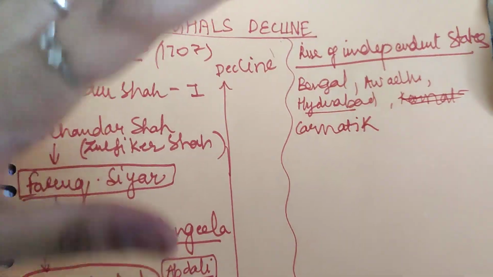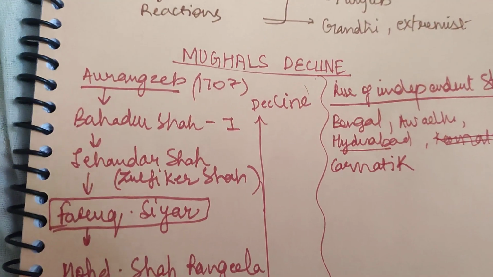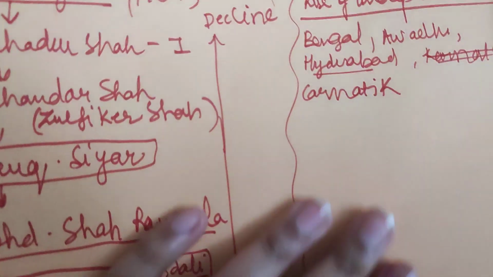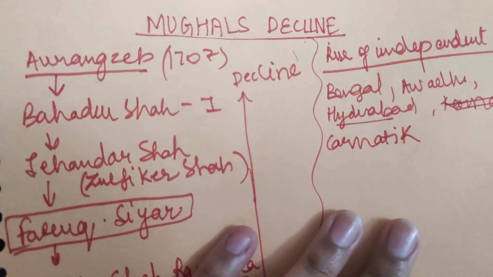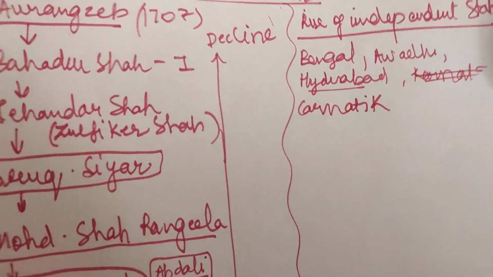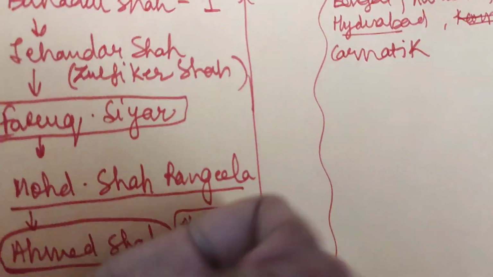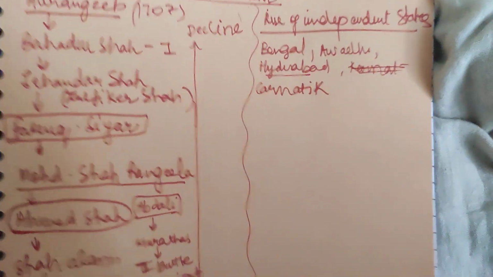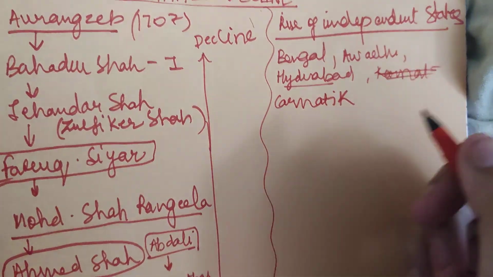So all of these and many others were getting independent. Like Mysore was also getting independent, like Travancore was also getting independent. Marathas were gaining power, Afghans and Jats were also gaining power. So this was how it was all happening.